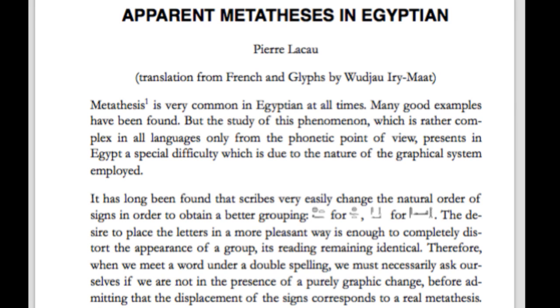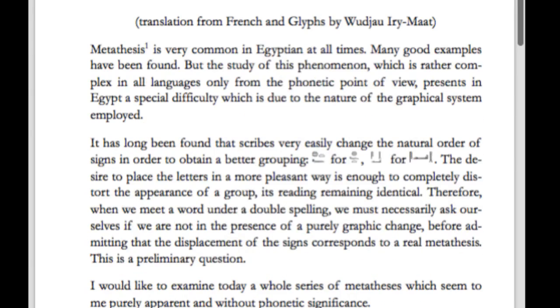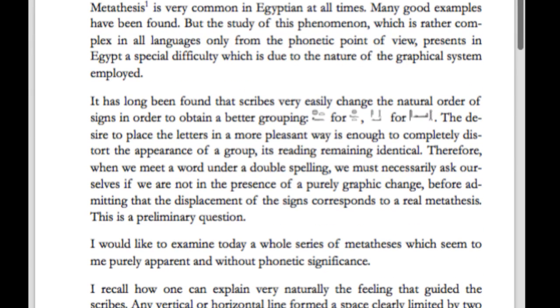It has long been found that scribes very easily change the natural order of signs in order to obtain a better grouping. So he gives an example. So we have Chafet spelled this way instead of this way.